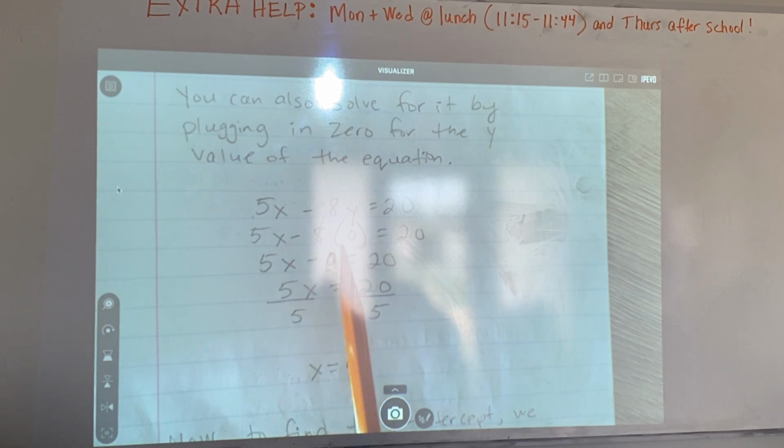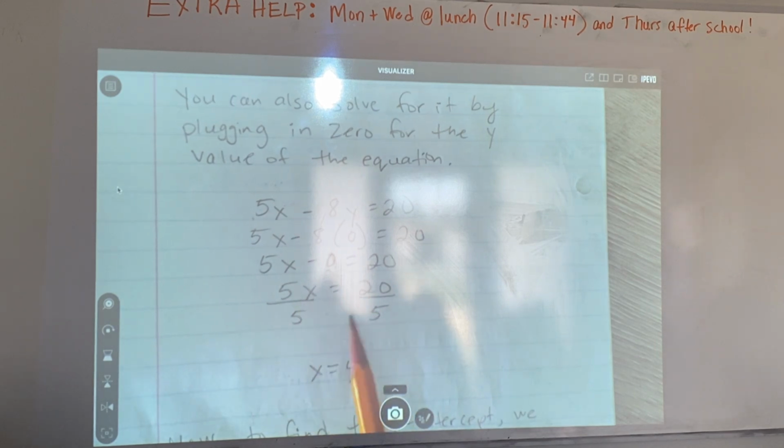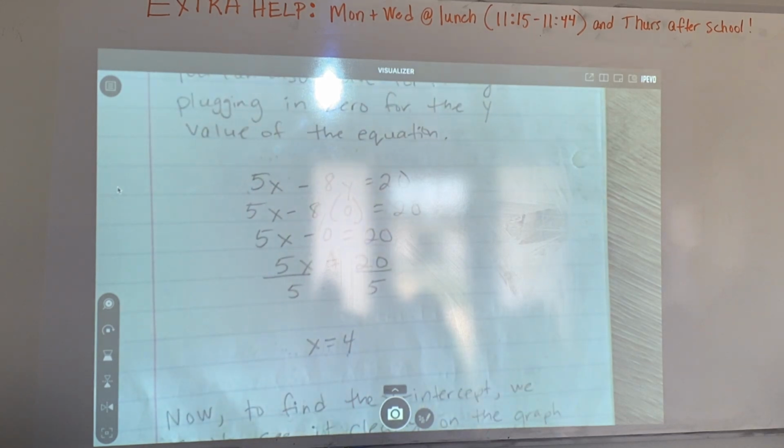Then I do 8 times 0, and hey, that's 0. 5x plus 0 is 5x, right? So 5x equals 20. I wrote out all these steps, but really it's just like when you multiply times 0, poof, it's gone. Okay, so 5x equals 20, divide by 5 on both sides, and you get your x-intercept, which is 4.